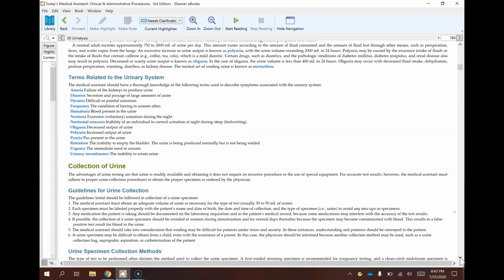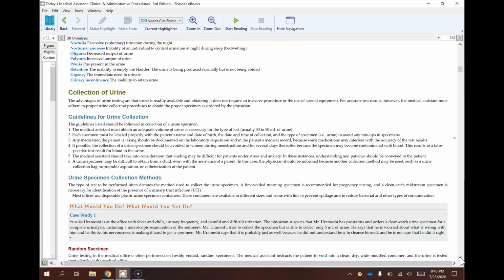So how do we collect urine? Primarily, we give the patient a labeled specimen cup, and we instruct the patient to go into the restroom and to clean the area first, and then begin to urinate into the toilet.